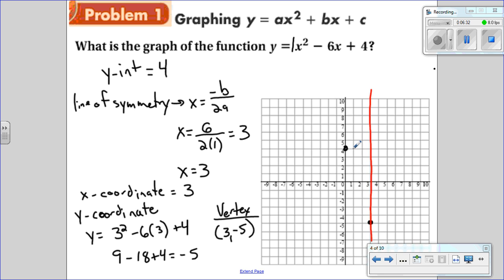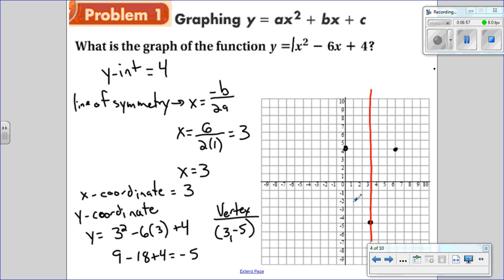If this is 1, 2, 3 units away from the line of symmetry, it's going to create a mirror image, which means it's going to be 1, 2, 3 away on this side. And technically, that's enough right there to create our parabola. But what we usually want is a little bit more than just these 2 points to figure out the shape of the graph.